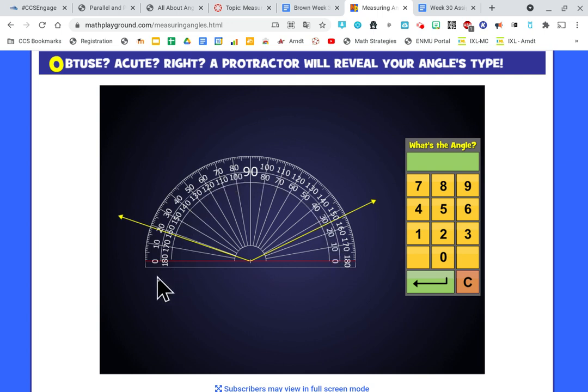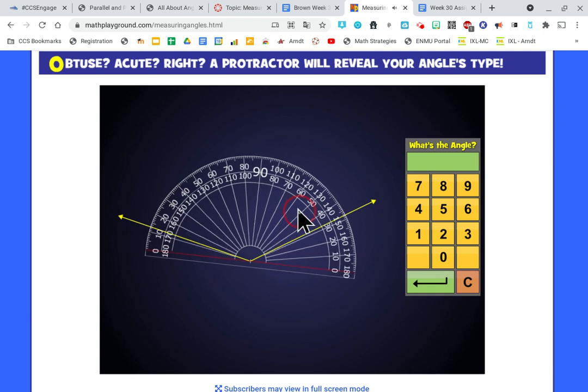To determine whether you're using the outside row or the inside row, it really depends on how you line up your protractor. So what I'm going to do is rotate my protractor and get this red line right on top of this yellow ray. So here I go.